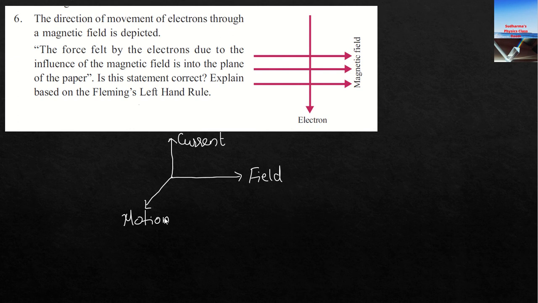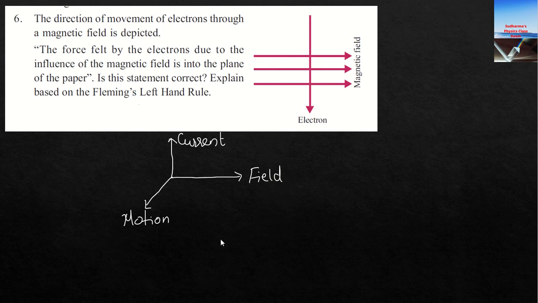Now, you take your forefinger in the direction of magnetic field as per the diagram. Make sure you are using your left hand, magnetic field towards your right, and the current, the central finger, should point upward. You can see the thumb will be moving downward, right? Downward in the sense it is into the plane.